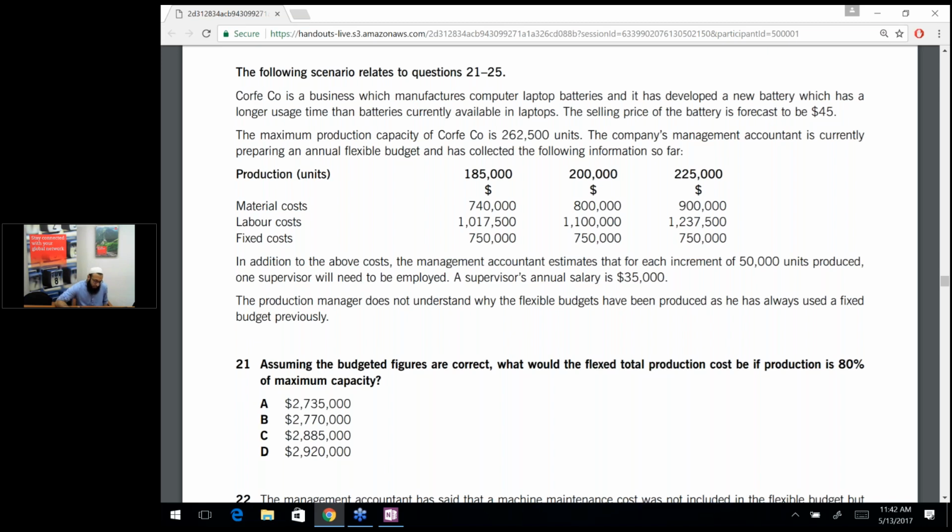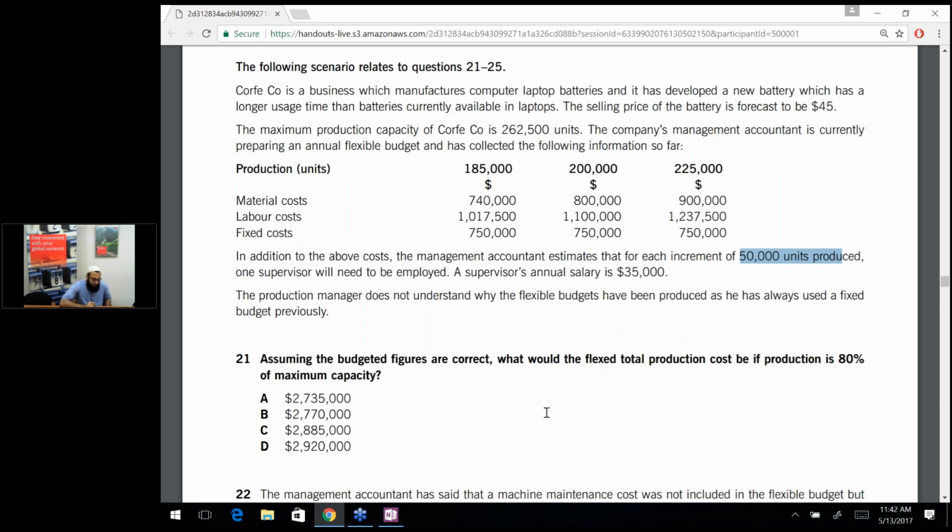In addition to the above cost, the management accountant estimates that for each increment of 50,000 units produced, one supervisor will need to be employed. A supervisor annual salary is 35,000. The production manager does not understand why flexible budgets have been produced, as he always used fixed budget previously.